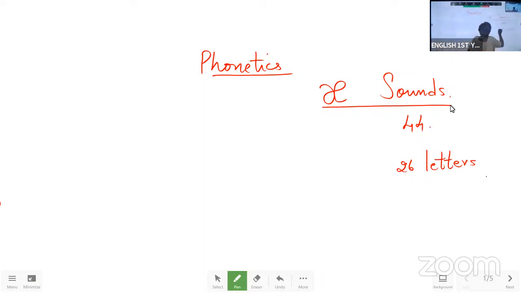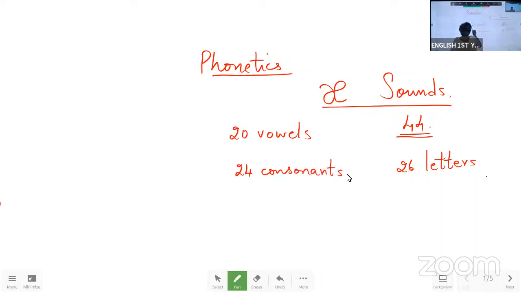Now coming back to the 44 sounds, out of the 44, there are 20 vowels and 24 consonants. Out of the 20 vowels, there are 12 pure vowels and 8 diphthongs. Di meaning 2. There are two vowel sounds in that particular sound. We'll take, for example, quite.